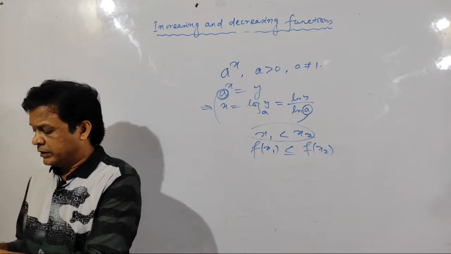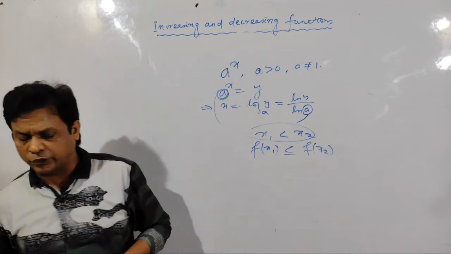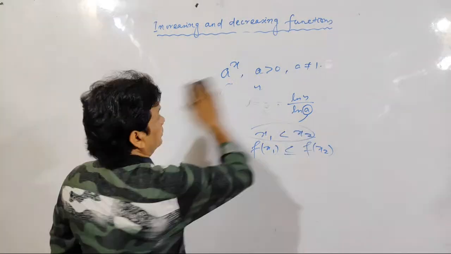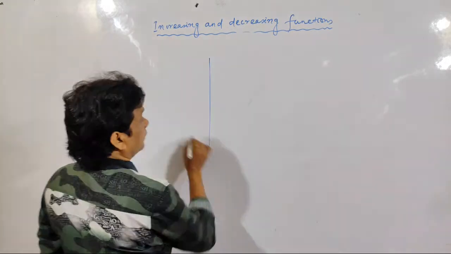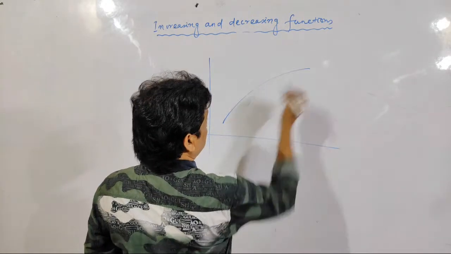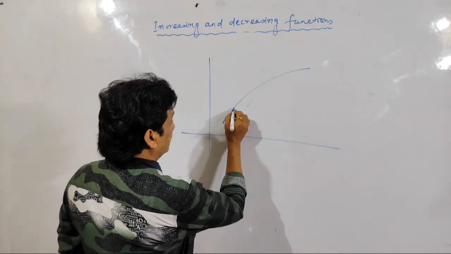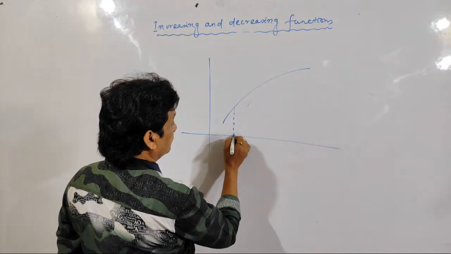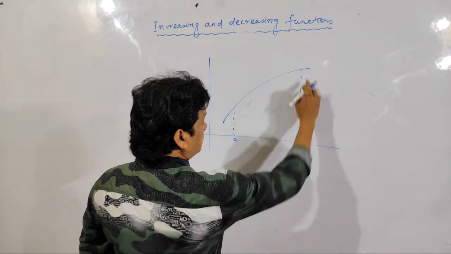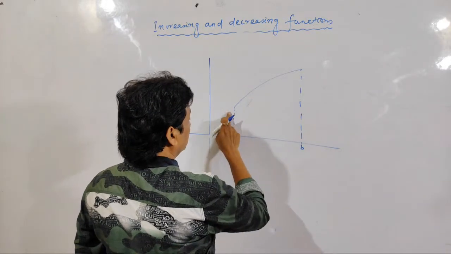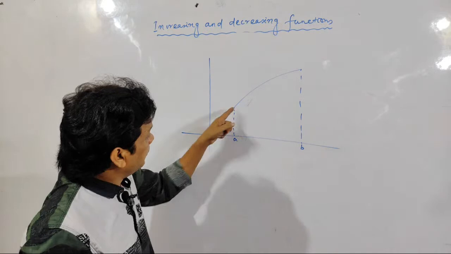Savitri is asking why you should use the open bracket. Because, see here, I am telling you another question. The graph is like this. Now in between A and B, at the particular point A, can you say?